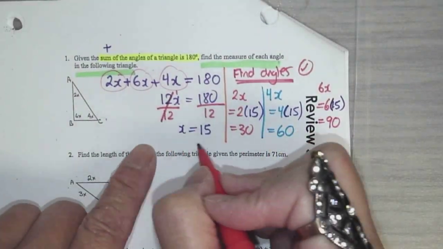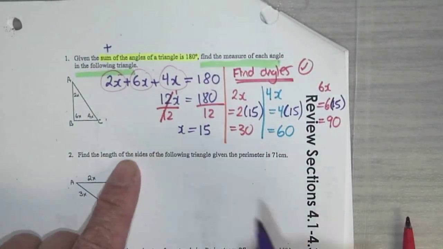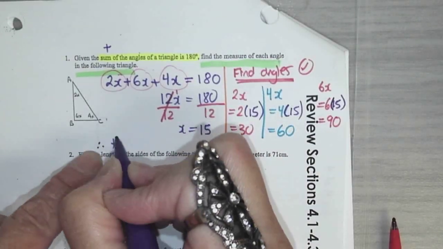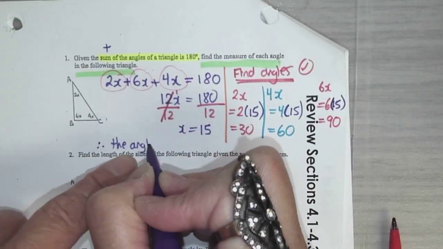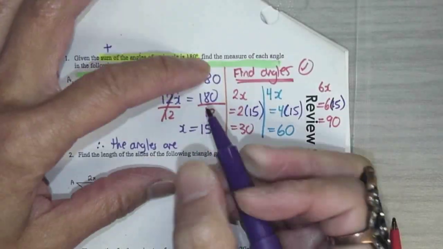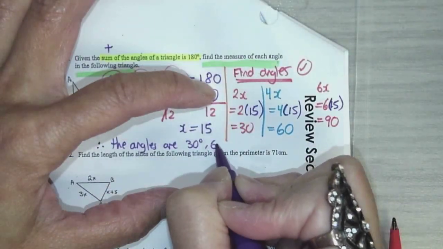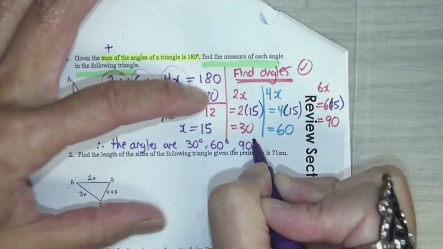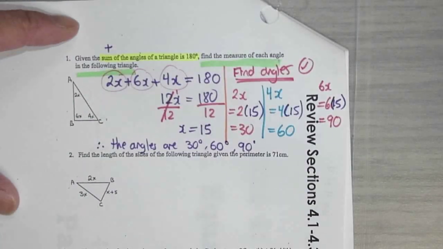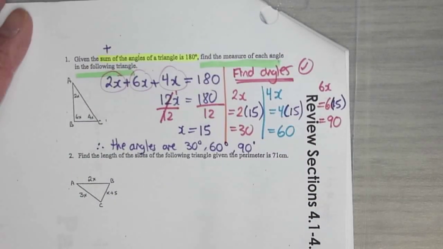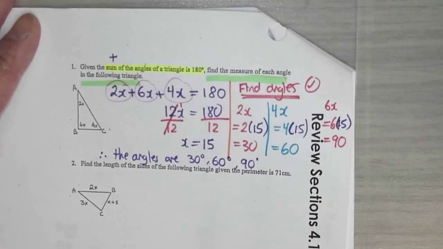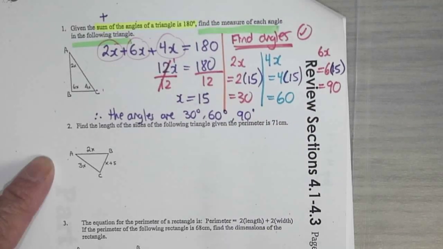And then you would say, so therefore the angles are 30 degrees, 60 degrees, 90 degrees. Okay, and again, sorry, it's a bit squishy because I was saving paper and I made it into a smaller sheet.